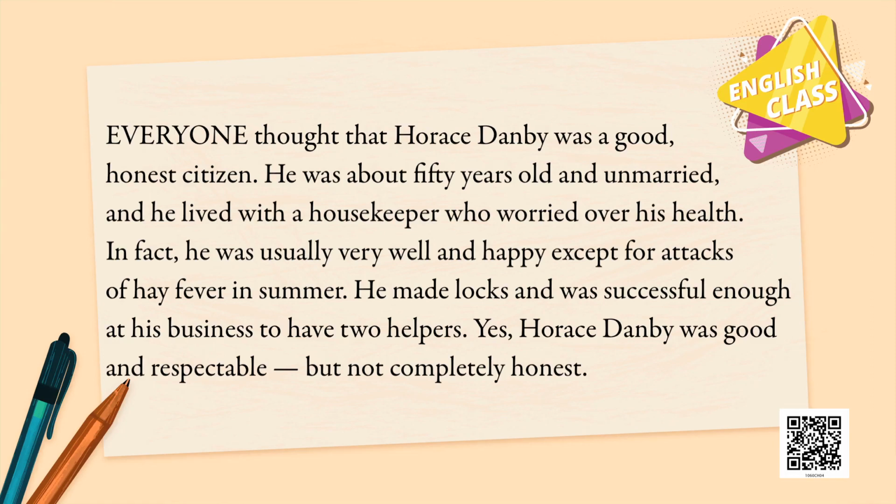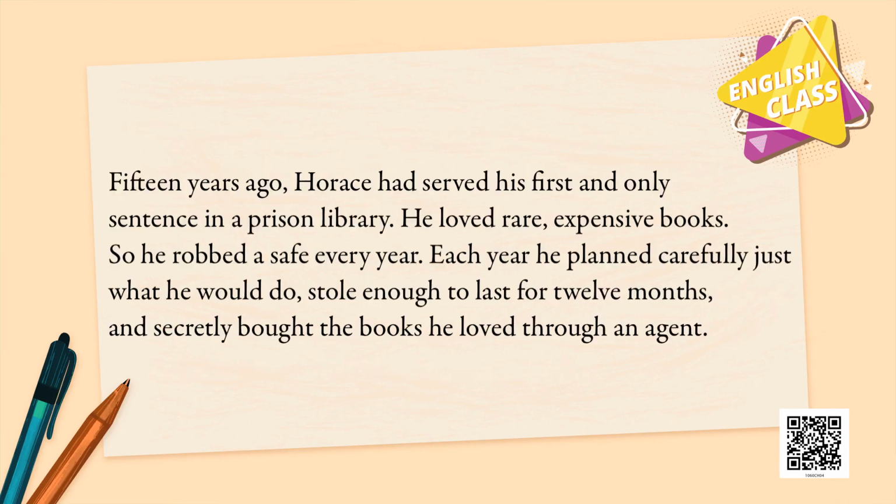Yes, Horace Danby was good and respectable, but not completely respectable. 15 years ago, Horace had served his first and only sentence in prison library. He loved rare expensive books, so he robbed a safe every year. Every year he planned carefully just what he would do, stole enough to last for 12 months and secretly bought books he loved through an agent.